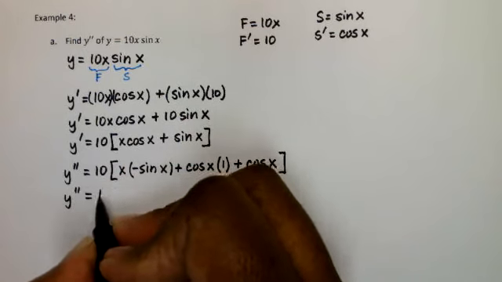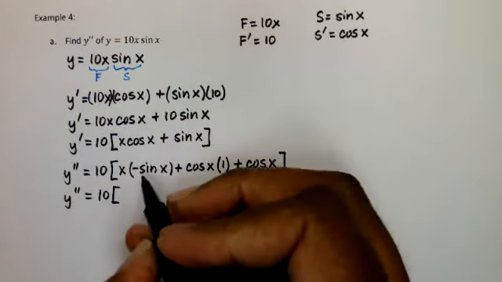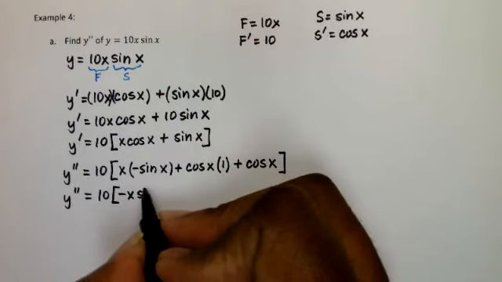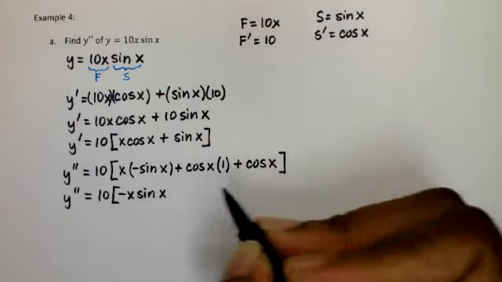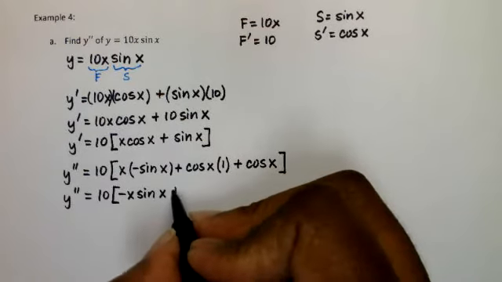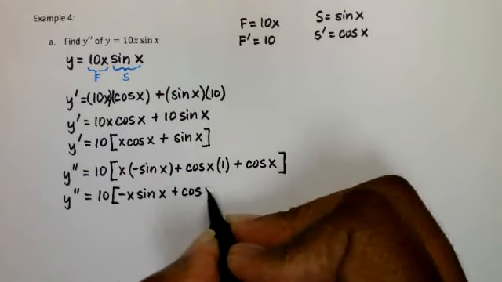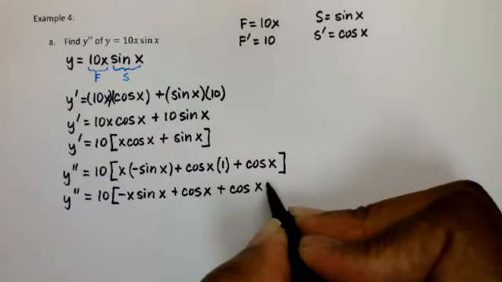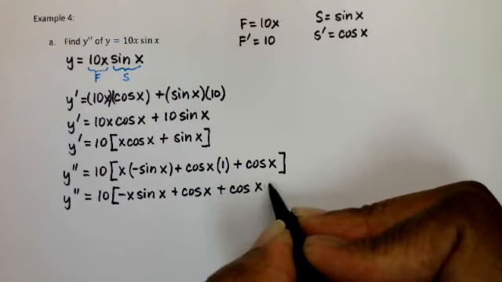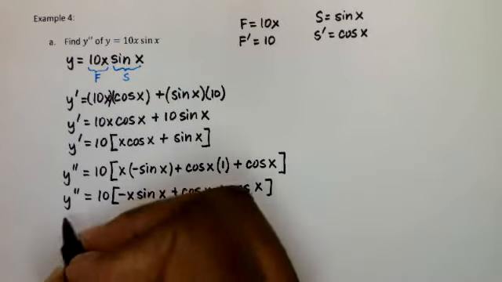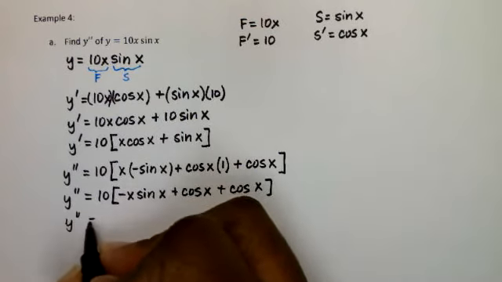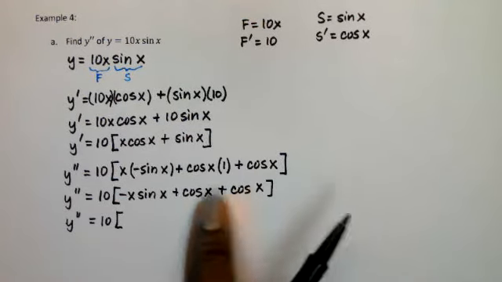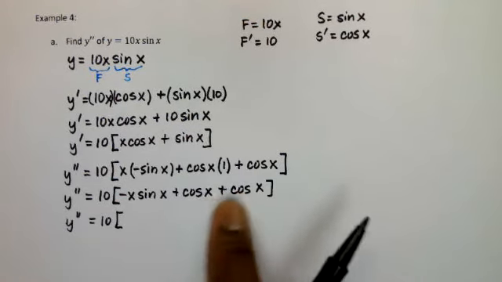All right, so y double prime, bring down the 10. I'll rewrite x times negative sine of x as negative x sine of x. Cosine of x times 1 would just be the cosine of x, plus cosine of x. Now I'm going to combine like terms. I got 2 cosine of x's.